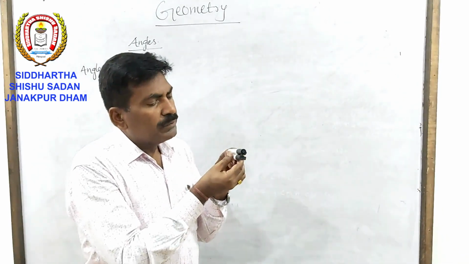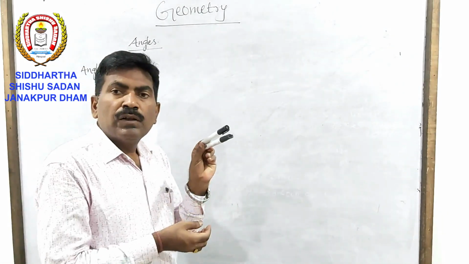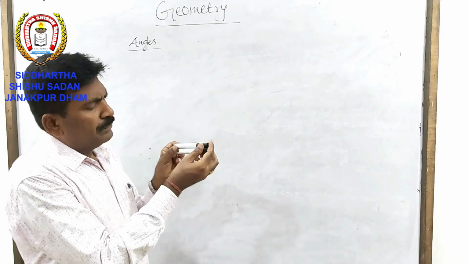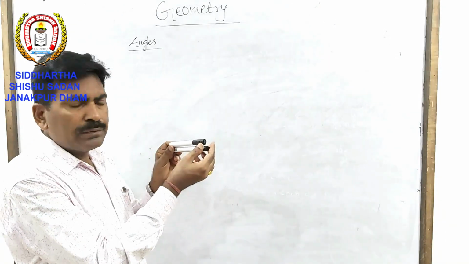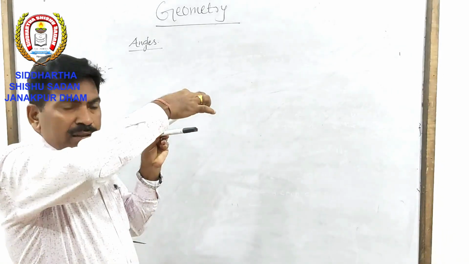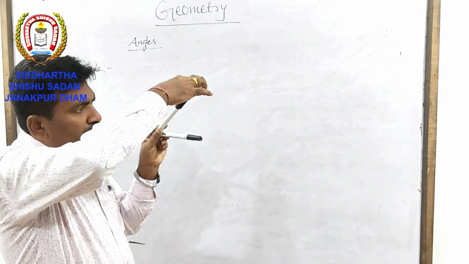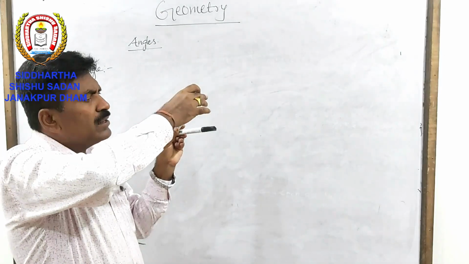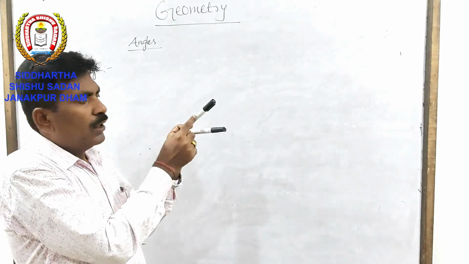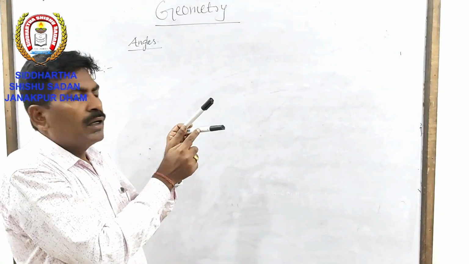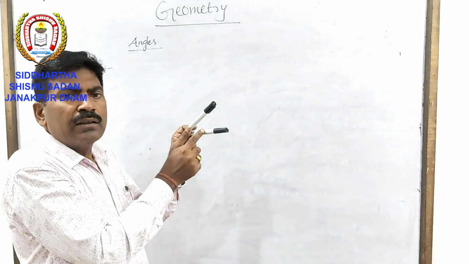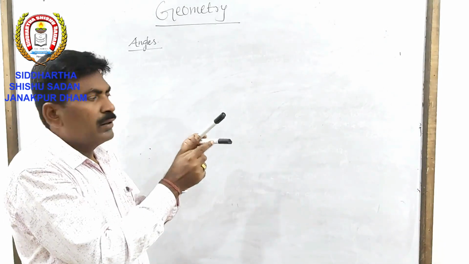Suppose this marker raises or lines. Suppose this marker rotates in this direction. See, in this direction. Then what is the amount of? This is called amount of rotation or amount of turn. And this amount of turn or amount of rotation is known as an angle.